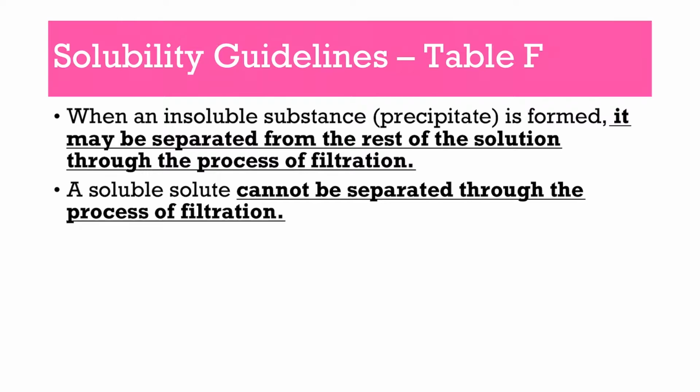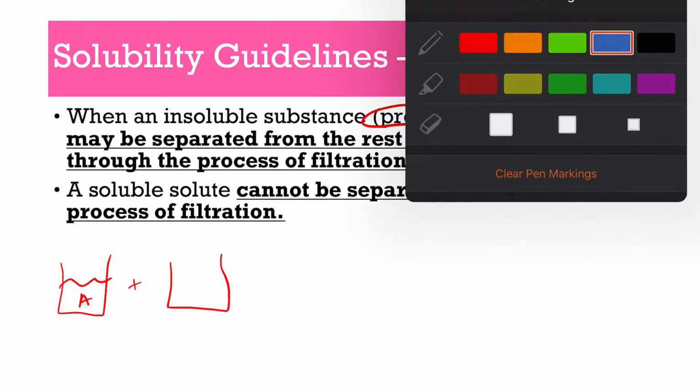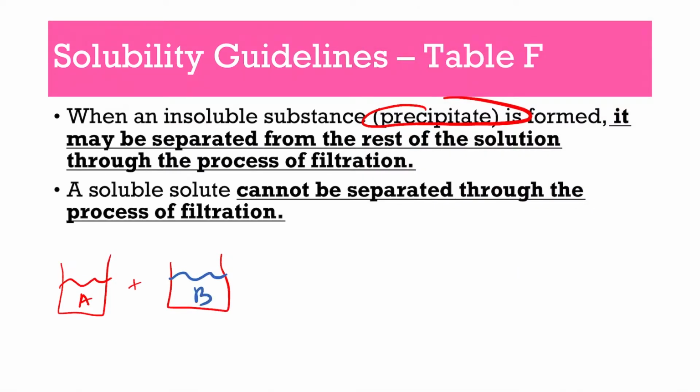Okay, so one thing to point out is that when you have an insoluble substance, so let's say you have compound A and compound B put together, and a precipitate forms. So let's say you have A, and you're mixing B, and you're trying to make C, so you put those two together, but you get this stuff on the bottom.